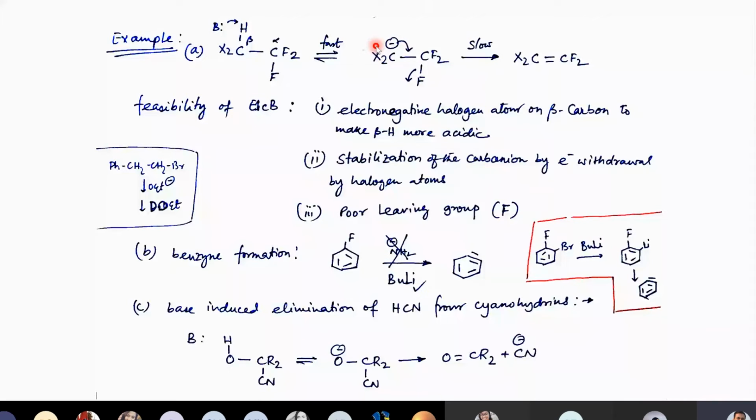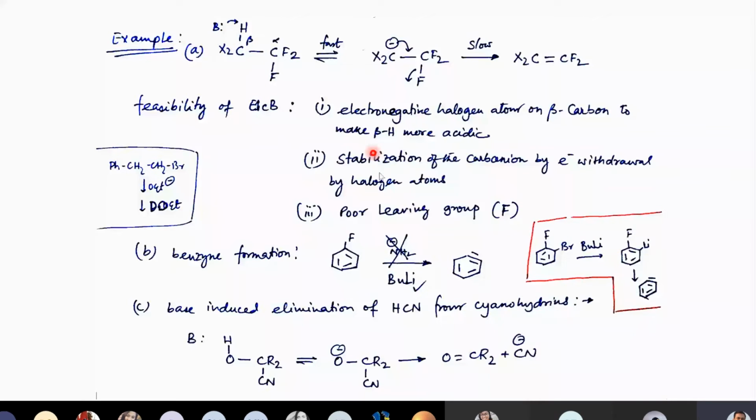If it leaves very quickly, then this intermediate will not form. Okay. So what is the first criterion? An electronegative halogen atom on the beta carbon. So here X could be an electronegative halogen atom on the beta carbon to make the beta hydrogen more acidic. So if you put an electronegative halogen atom here, then this hydrogen will become more acidic in nature.